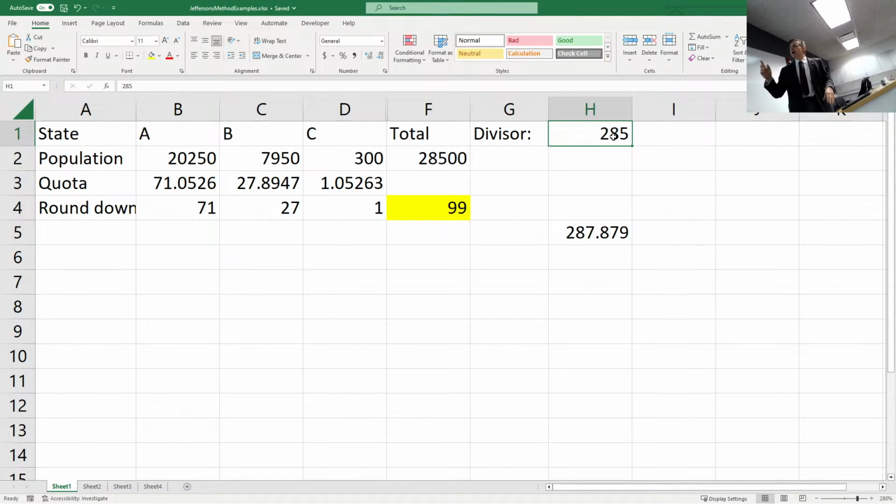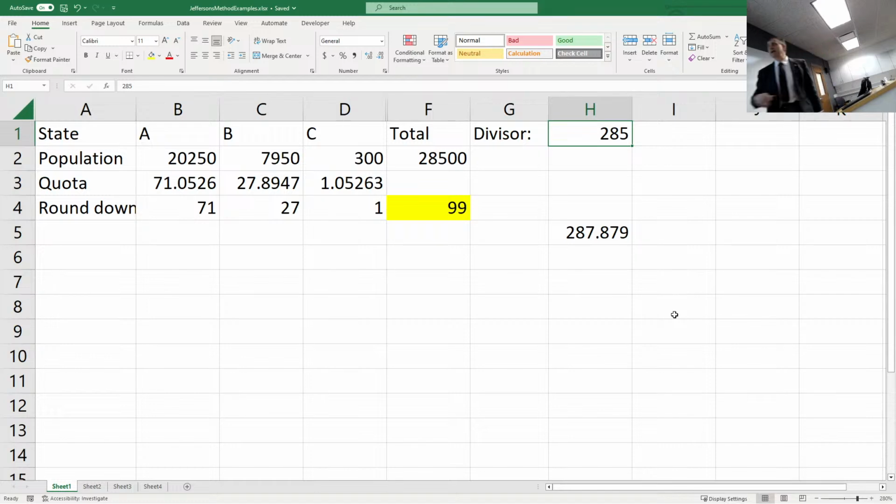On the other hand, if you imagine doing something like Jefferson, but rounding the normal way we expect to round, that would seemingly benefit both big and small states, because you're sometimes going up and sometimes going down with your rounding.